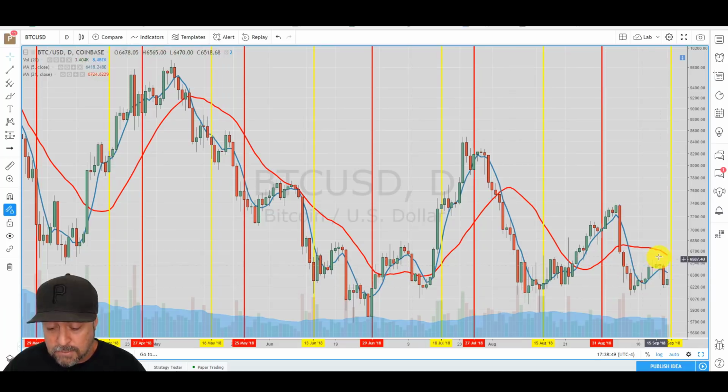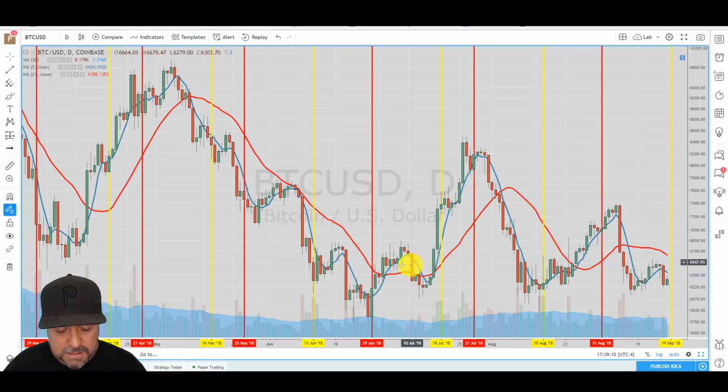We've seen a pullback down into the expiration, and we'll see what happens tomorrow, but a lot of times that happens and then we get a bounce. So if you are short, you might want to be defensive going into tomorrow and after tomorrow.